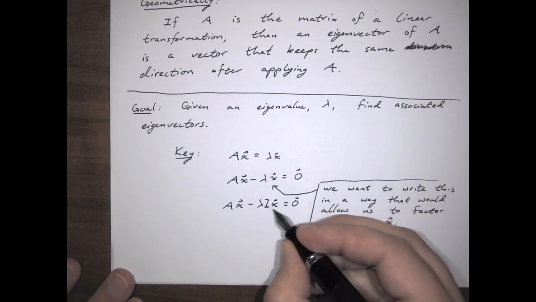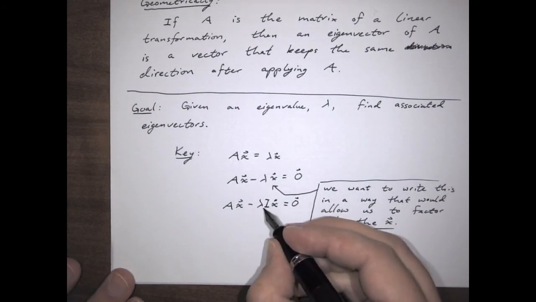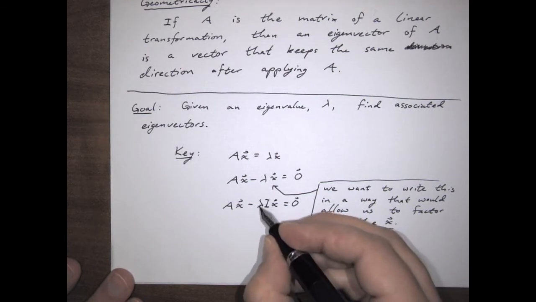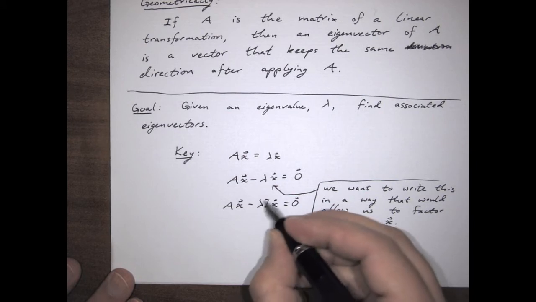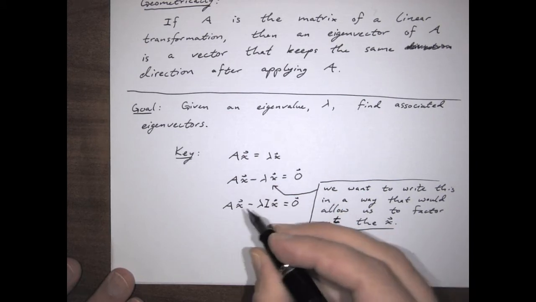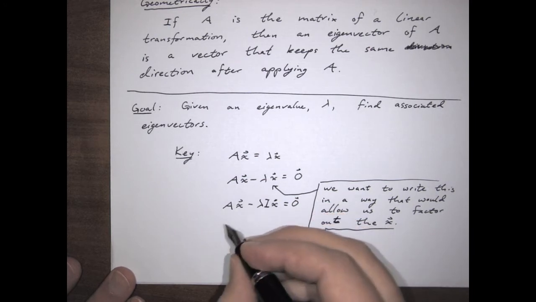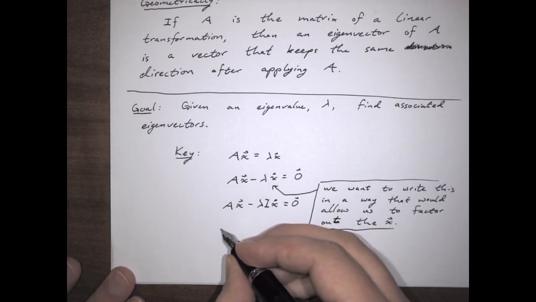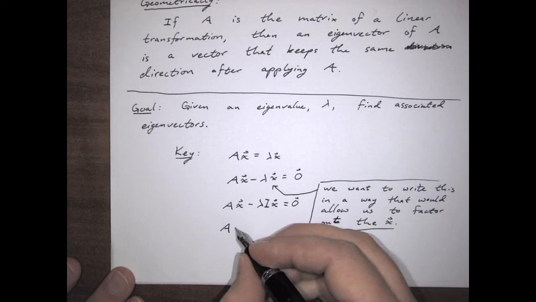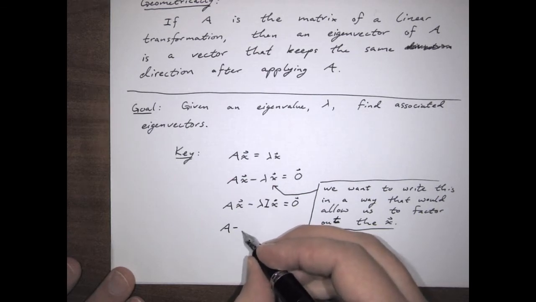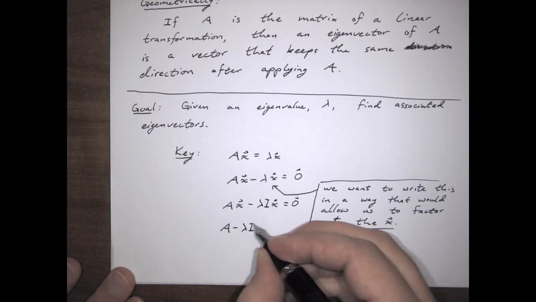So here what we want is to rewrite it as the identity times x, and now if you look at this, this has become something that is a matrix. Lambda times the identity is actually a matrix, and it can then be put into the same bucket as A, and in particular we can subtract it.